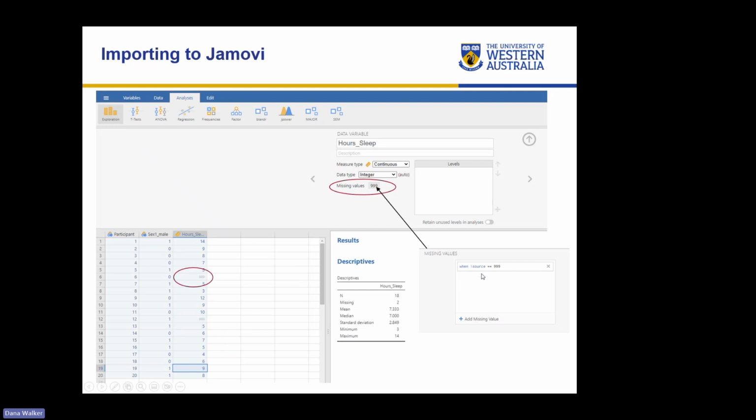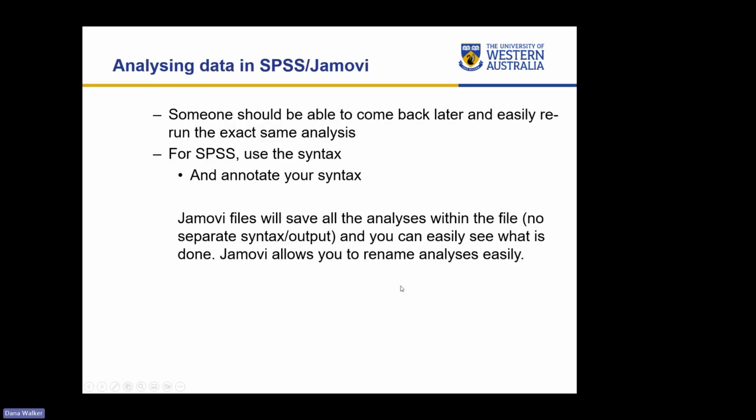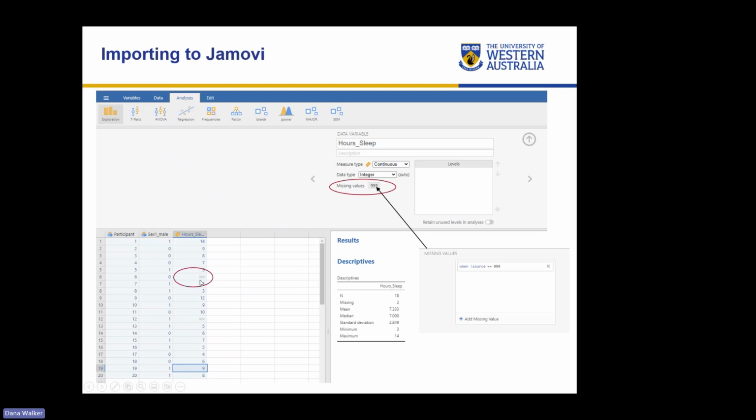You tell Jamovi if the source is equal to 999, that's a missing value. Yeah, Jamovi goes, cool, that sounds good, let me grey it out. And that's Jamovi saying, I understand that's a missing value. Or you can leave the box blank because Jamovi handles that perfectly fine. But if you're importing an Excel spreadsheet that already has things coded as 999, because it's missing, then obviously use this trick.